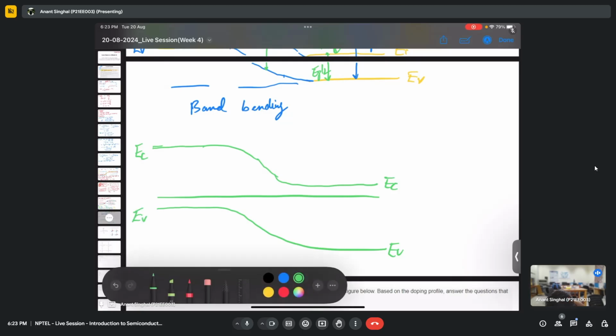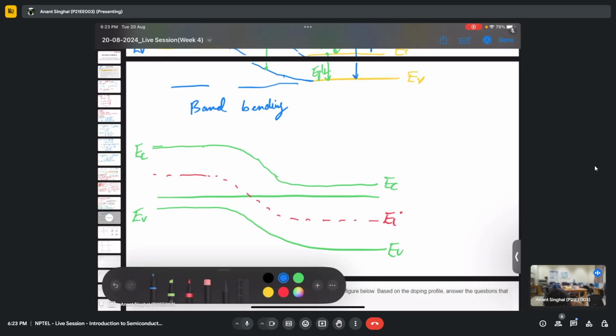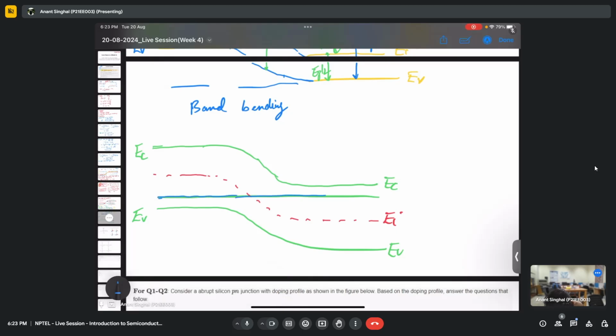Now I have made the Fermi level also, so maybe I can draw EI, and the blue one is the Fermi level. Is it clear to everyone?